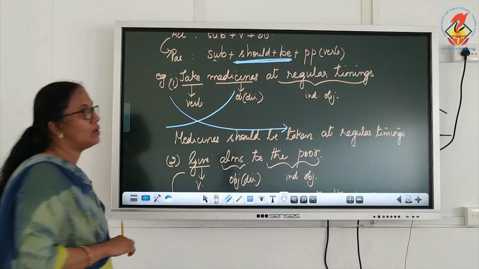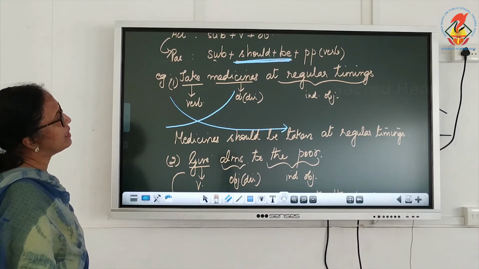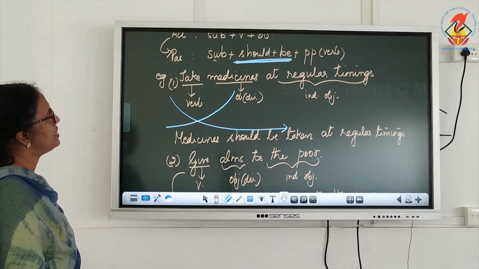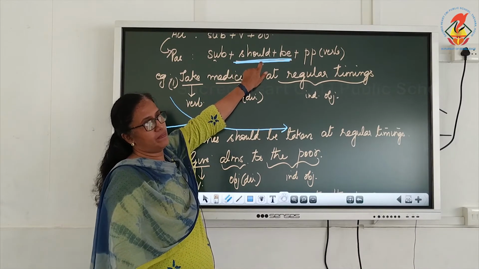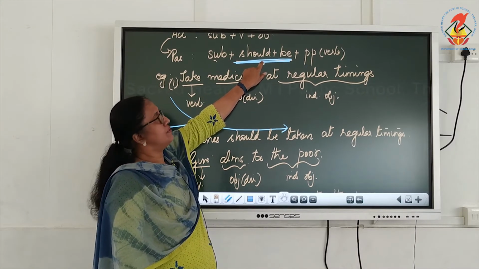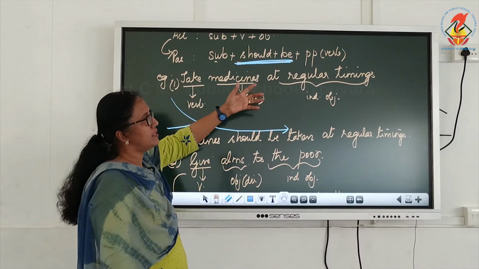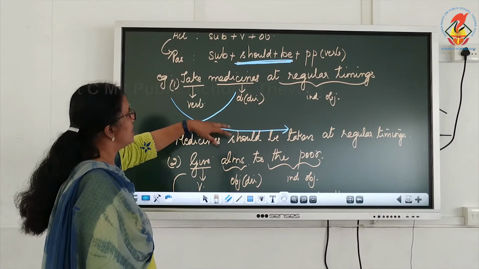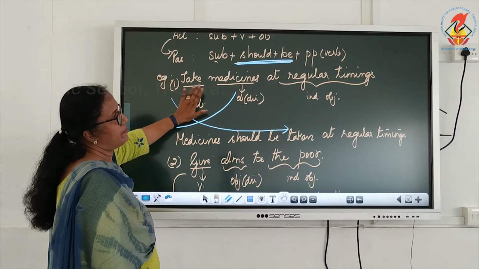That is how you are going to convert an advice or a suggestion into its passive form. "Should plus be" is something that has to be introduced into those types of sentences. So, "Take medicines regularly" is a suggestion, an advice. The first step is to identify the subject, verb and object.